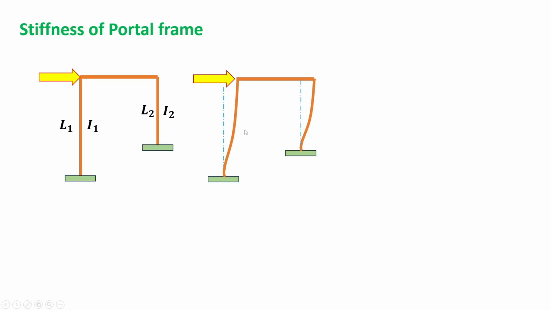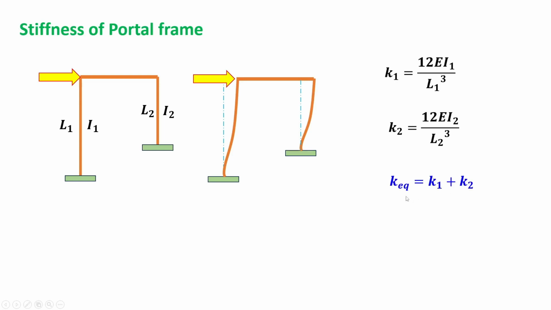The stiffness of the left-hand column is given by K1 equal to 12 EI1 divided by L1 cube. Similarly, the stiffness of the second column is given by K2 equal to 12 EI2 divided by L2 cube. Since these two are in parallel, the equivalent spring constant is given by K equivalent equal to K1 plus K2.